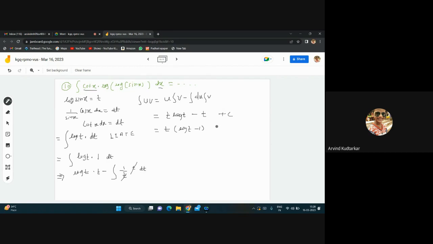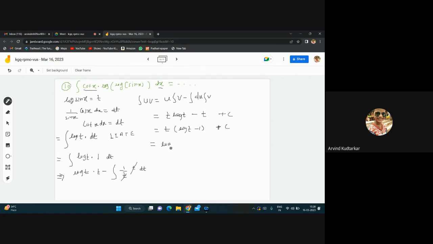Plus c is the constant of integration. Now resubstitute the substitution taken at the initial level, t is equal to log of sin x.